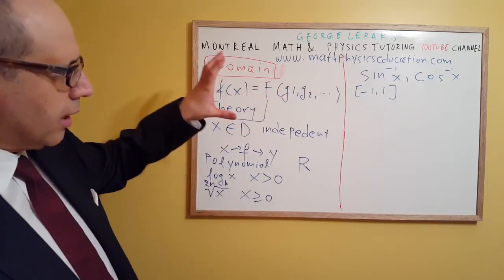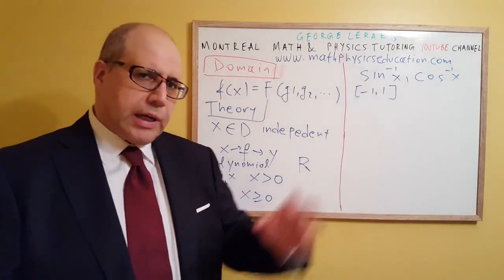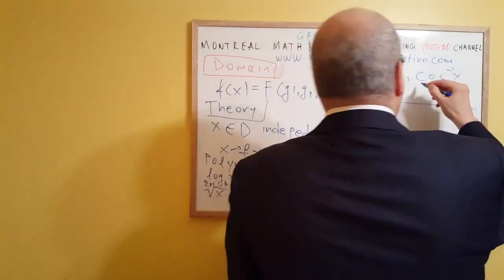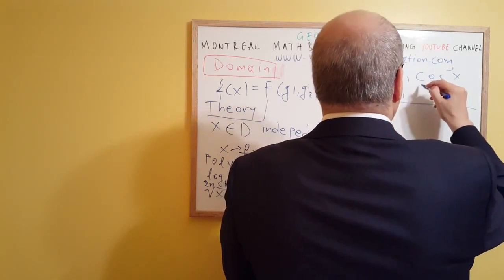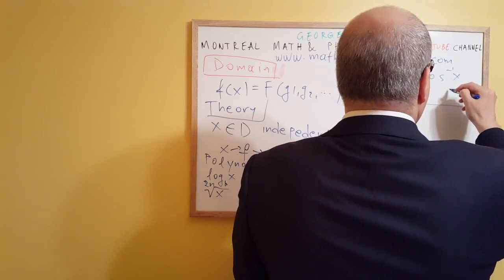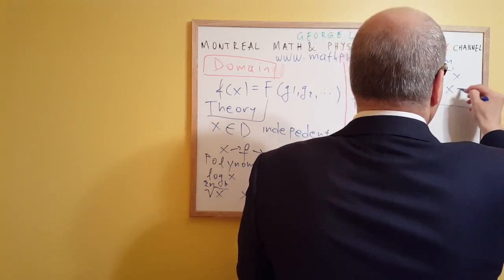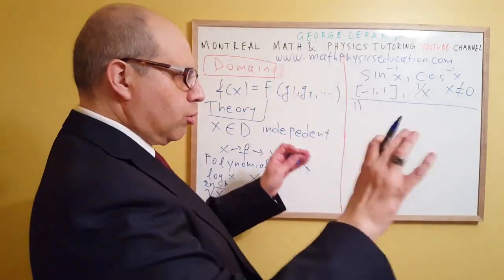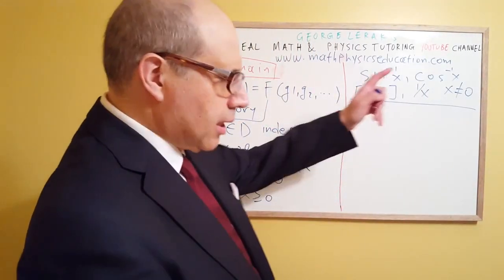If you follow the rules that I'm telling you, you can find the domain of any function f of x. And there's also the function 1 over x, where x of course cannot be 0. So the domain of this function is all real numbers except the value 0.